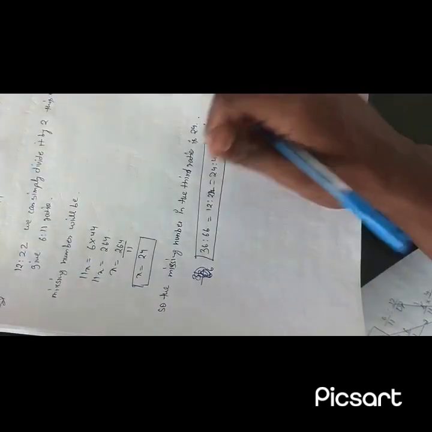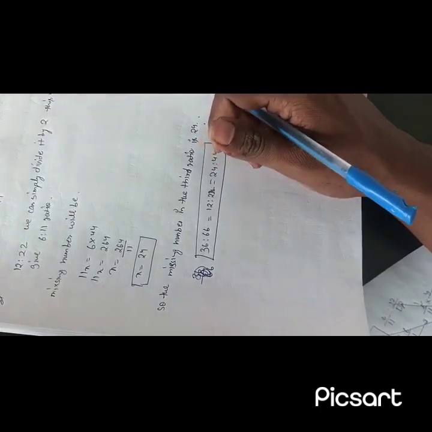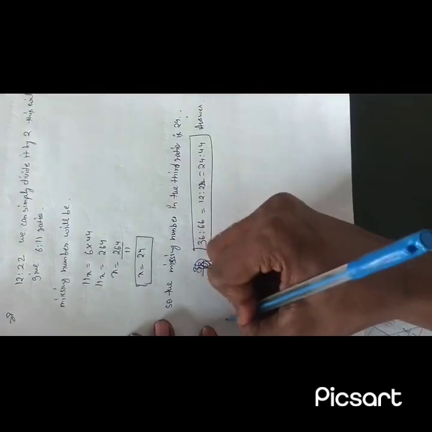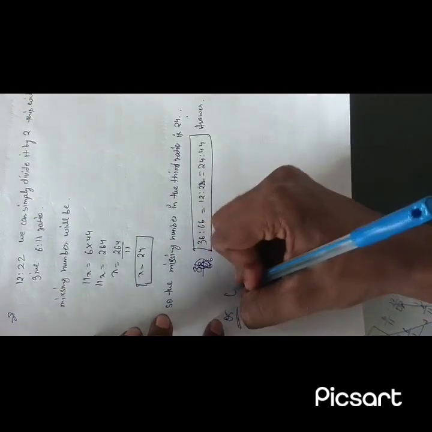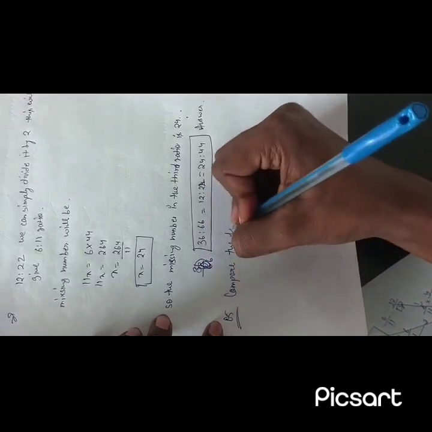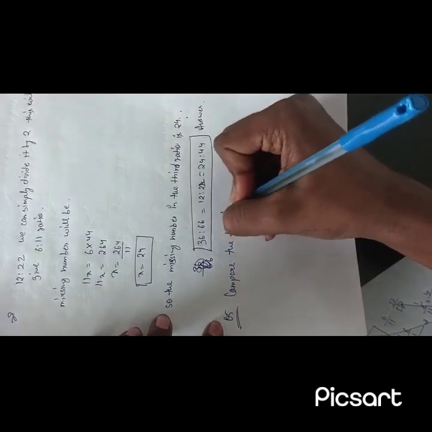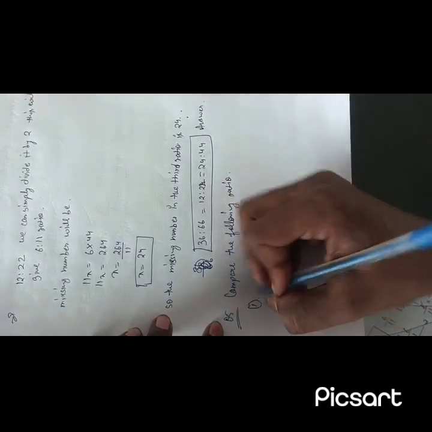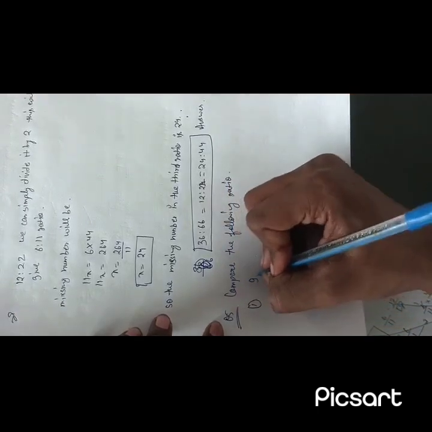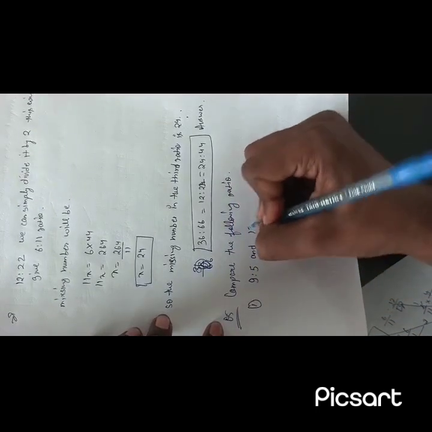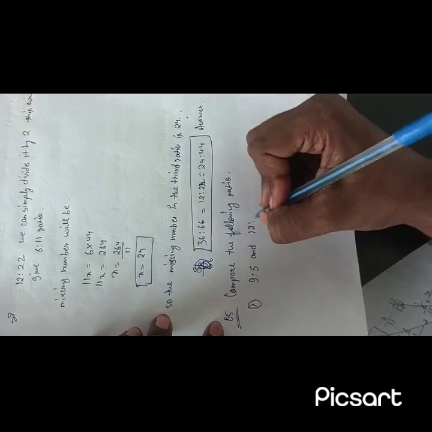Now we have to simply compare the following ratios. Question number 5 says compare the following ratios. The first one is 9 is to 5 and 12 is to 15.